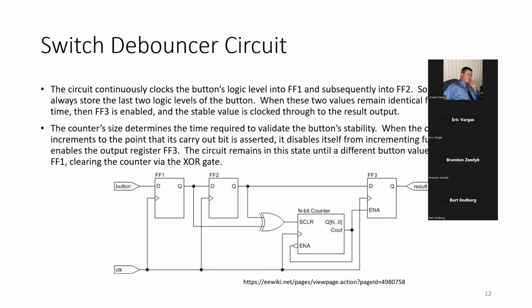What will happen if they are different? If they are different, I am feeding an XOR. XOR, how does it behave? XOR looks for the difference. If the two inputs of the XOR are different, I will get 1. If they are identical, I will get 0.